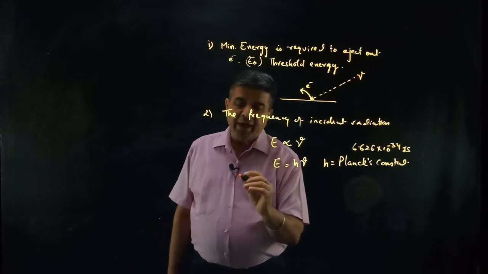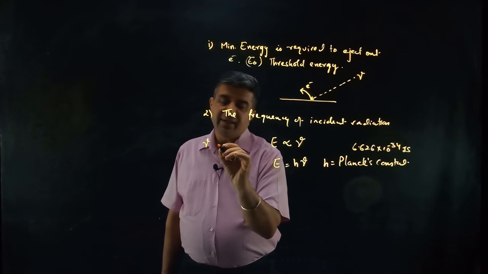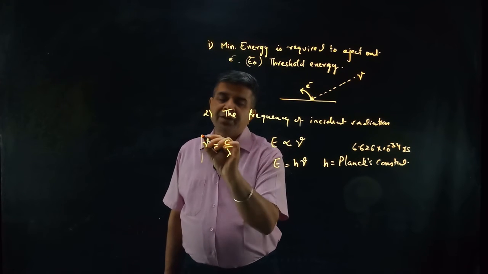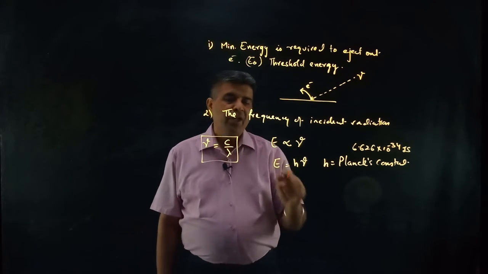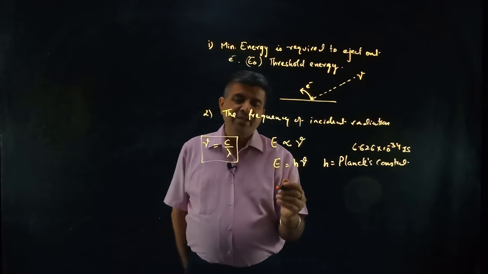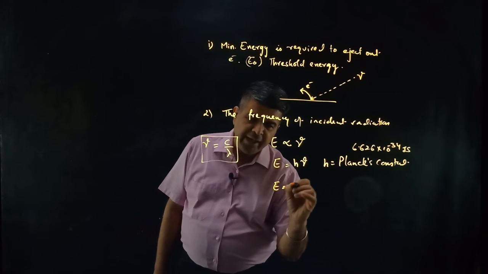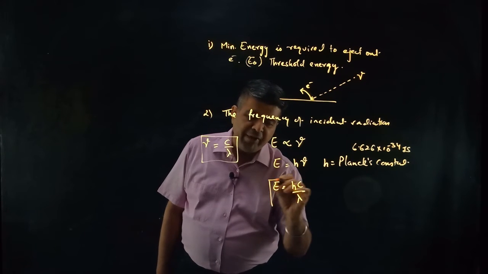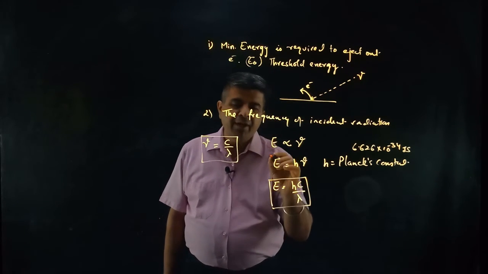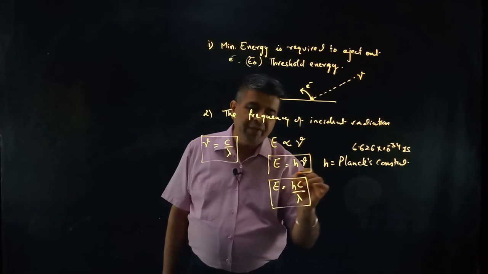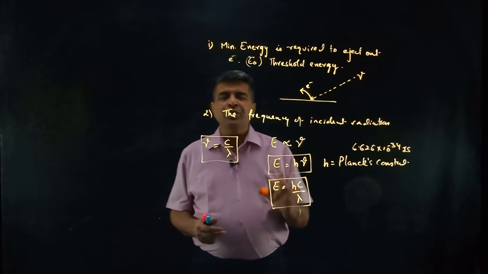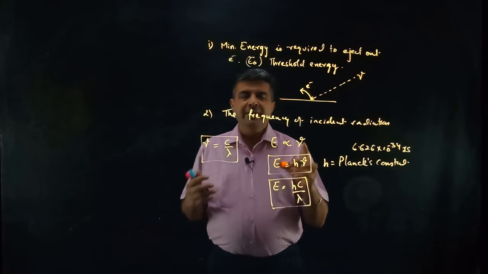Now we know that frequency is related to wavelength by c. This is the relationship between frequency and wavelength. So replacing this frequency, we have E = hc by lambda. So if we know the wavelength or the frequency of incident radiation, we can calculate the energy associated with the radiation.